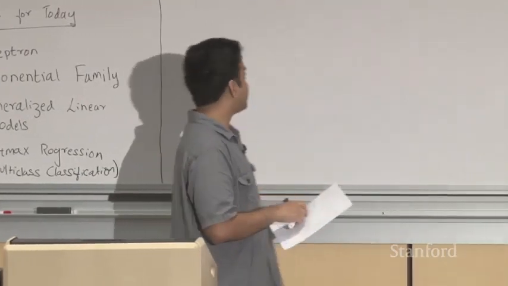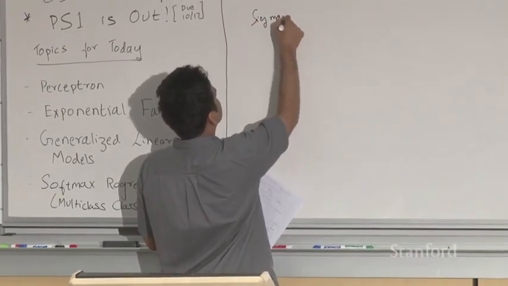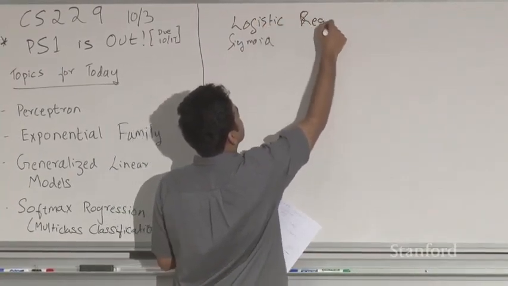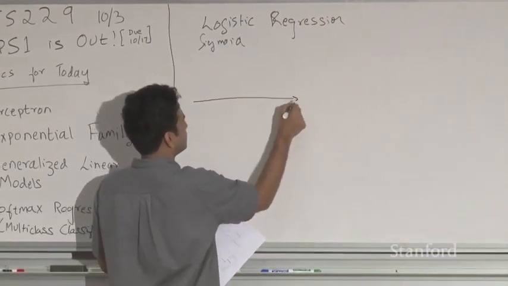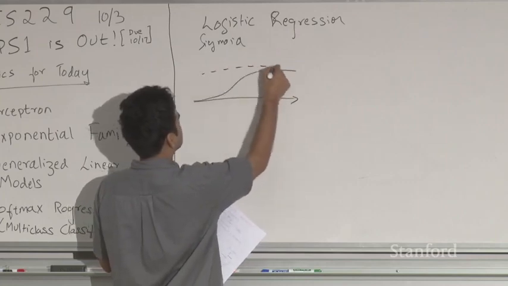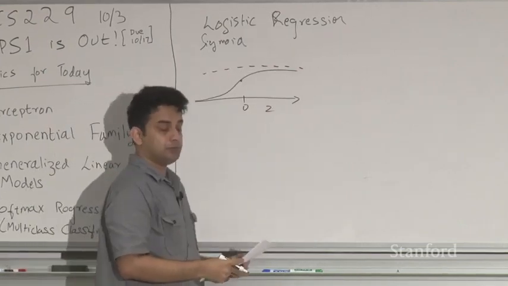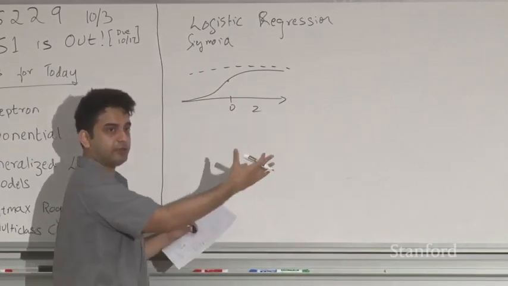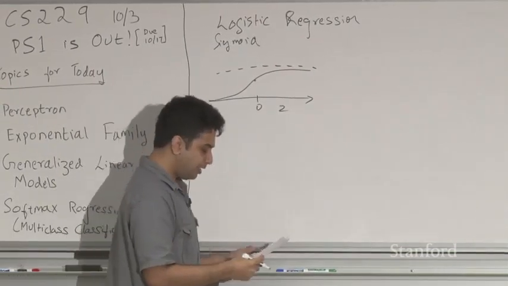We saw that logistic regression uses the sigmoid function, which essentially squeezes the entire real line from -infinity to infinity between 0 and 1, and the 0 and 1 kind of represents the probability, right?